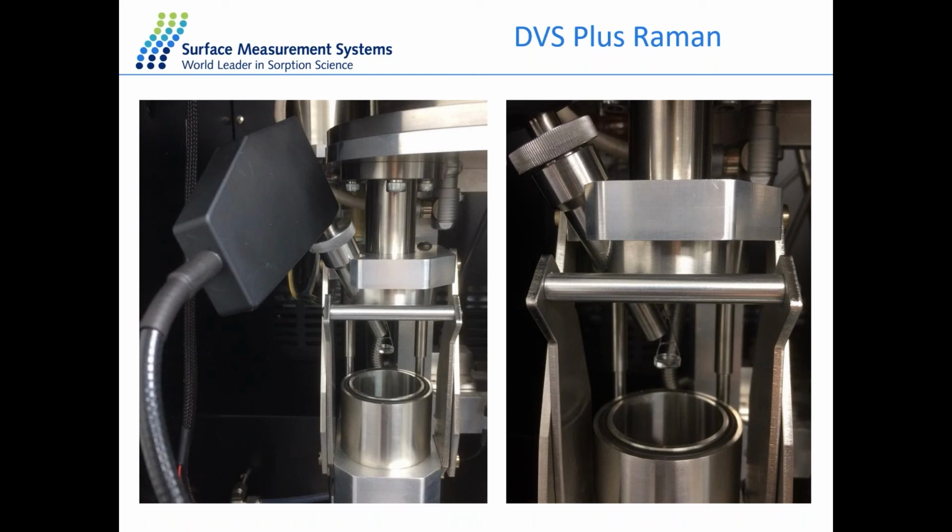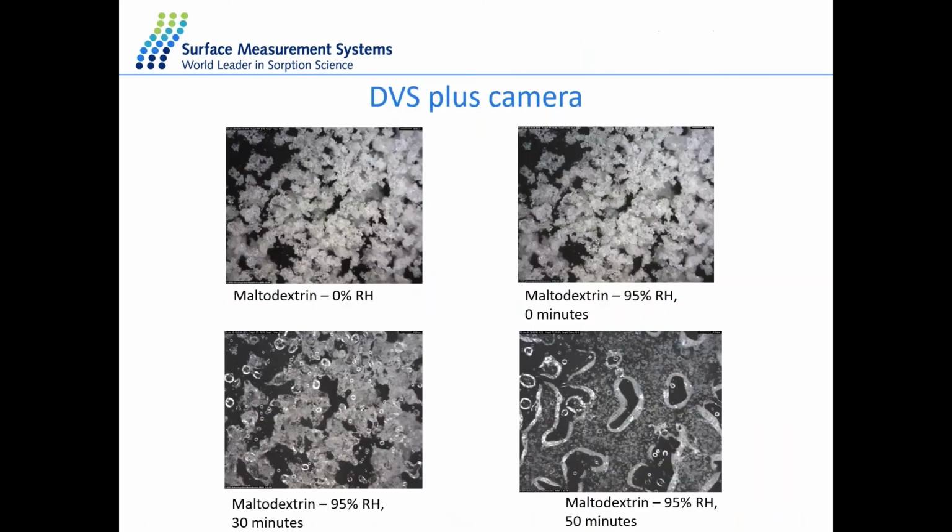And we can have the system automatically collect Raman spectra and automatically collect camera shots of the sample over time. So we can follow morphological change and we can follow structural change, both with DVS and also with camera and Raman.